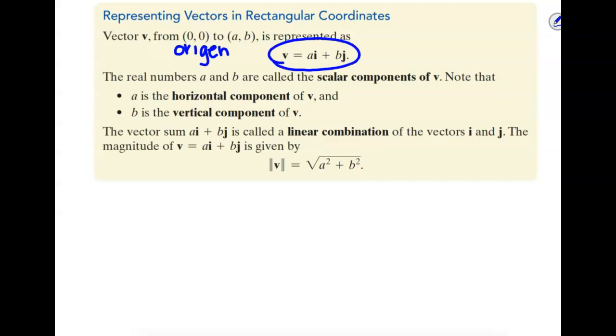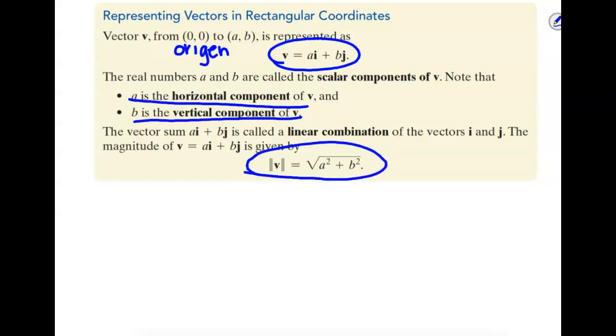A is going to be your horizontal distance, and b is going to be your vertical distance. To write it as a linear combination, this is the equation you would use. This represents the magnitude equation. So you're going to square the a term and square the b term and then add them up.